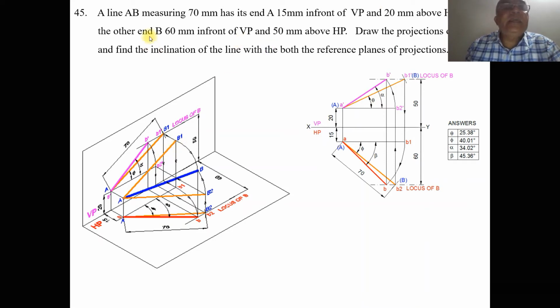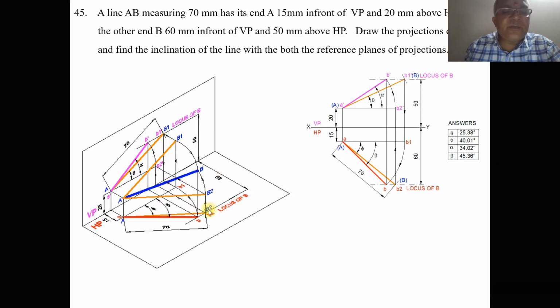And then he says 70 mm is also in the top view. Here we know A is 20 mm above HP, so capital B2 should also be above HP by 20 mm. With A as center, taking the radius of 70, cut an arc on the locus of B. So you're going to get capital A B2, this is small a B2.